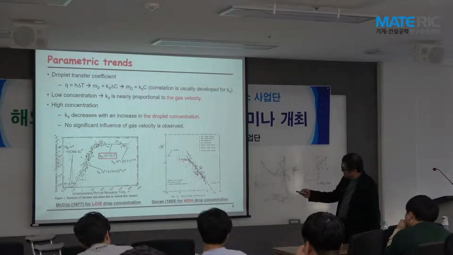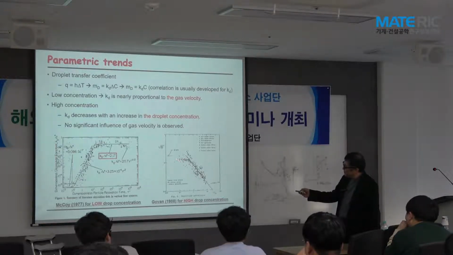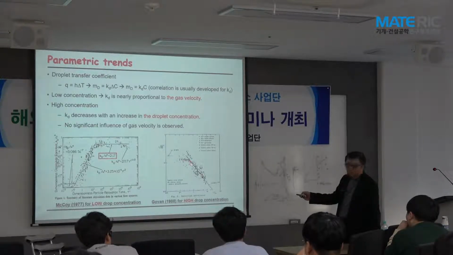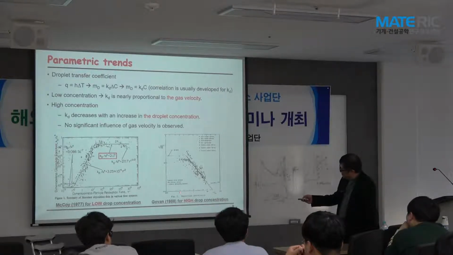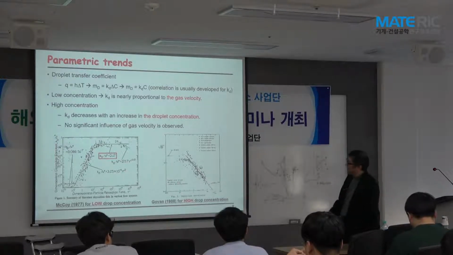So maybe this is his standpoint. Rather, from the experimental data, K is rather constant here, but it starts to decrease from here. How do you explain this data? So there is difficulty. But from the experimental data, around 0.1 or 0.2 or 0.3, there is a critical point.